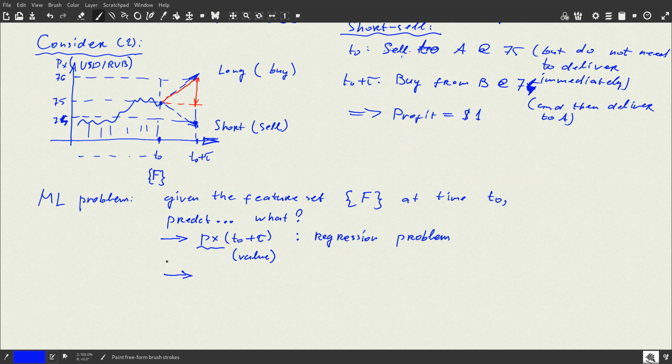Alternatively, we can simply predict a Boolean value: whether the price at t0 plus 2 is going to be greater than the price at t0.